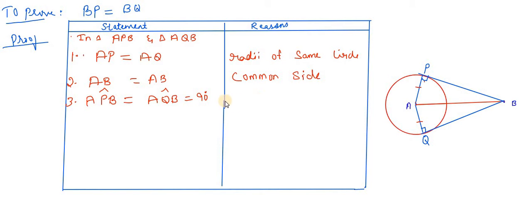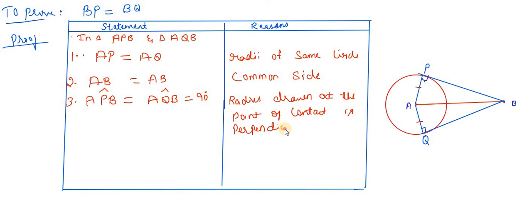This is the reason you need to write: radius drawn at the point of contact is perpendicular to the tangent.